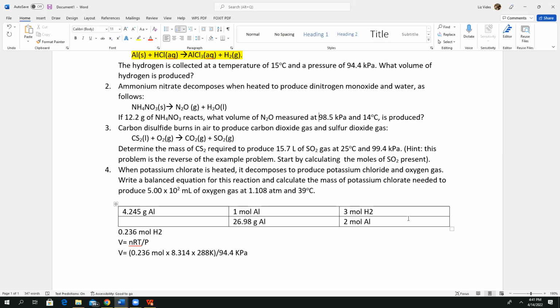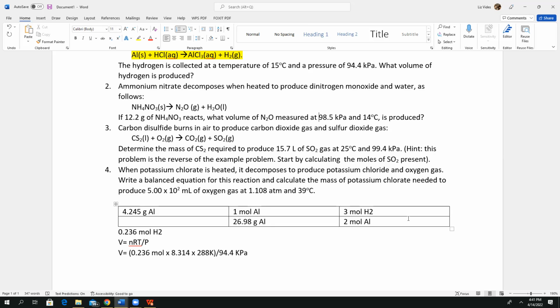Where's my equation? Yeah, this is potassium chloride. No, chlorate. 2 moles of KClO3. Okay. 1 mole of KClO3 is equal to, I don't know how many grams, but we'll find out.